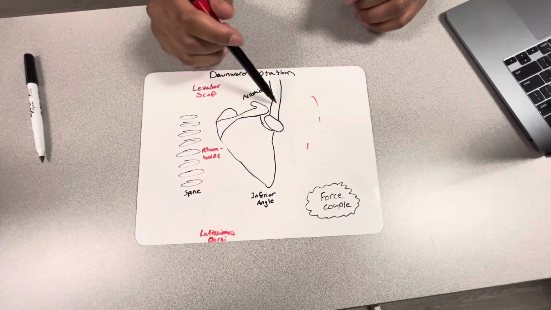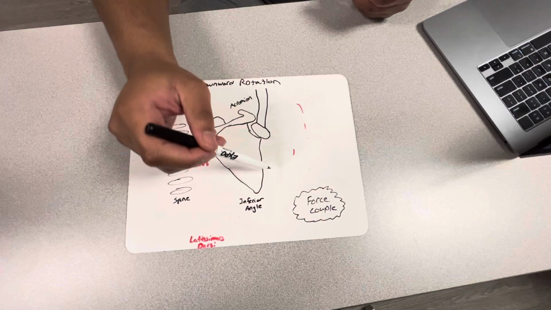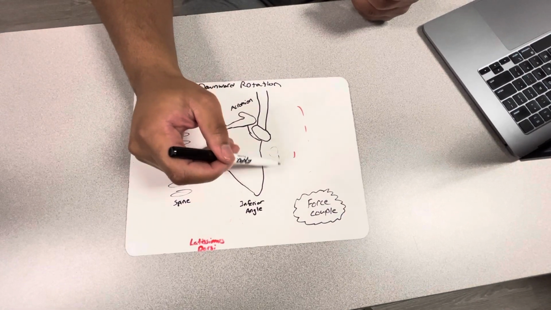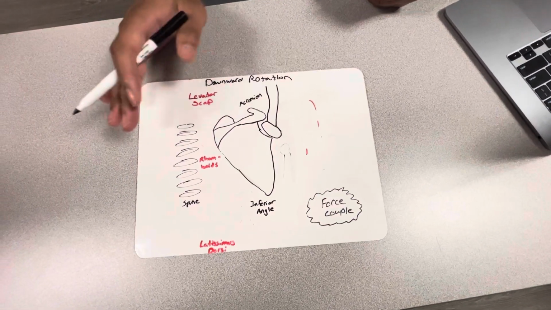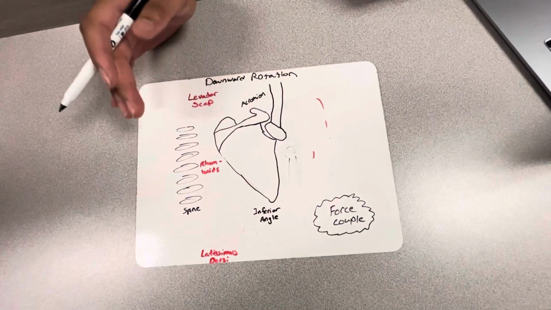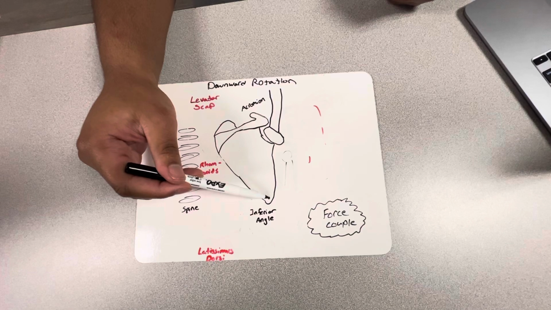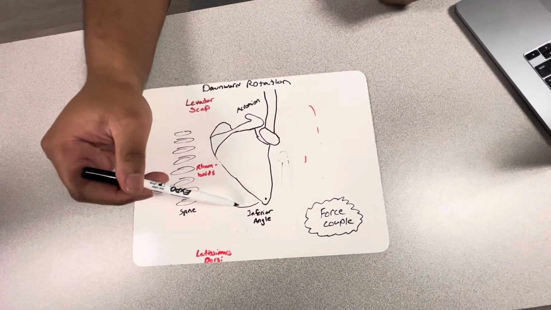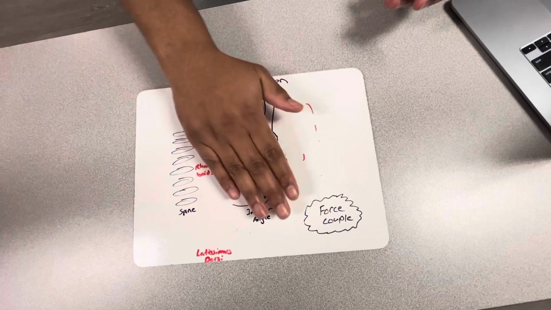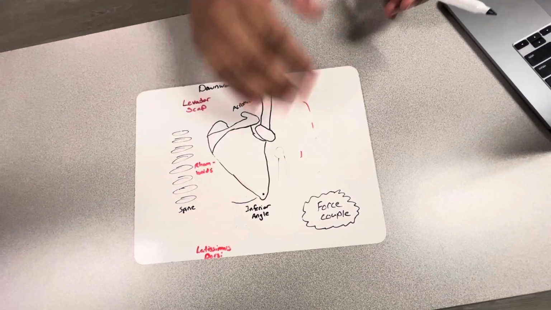Also, if your humerus is extended behind you, that will also cause downward rotation. Downward rotation is when the inferior angle of your scapula moves downward and inward, so it'll go like this.